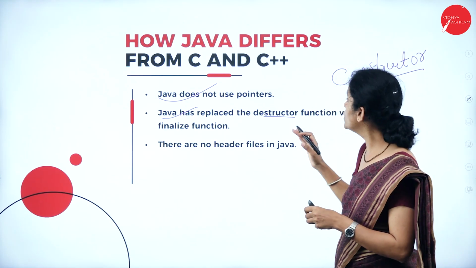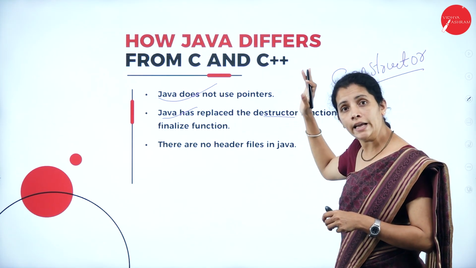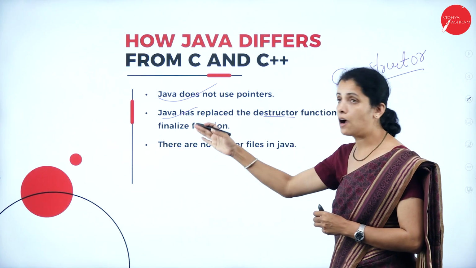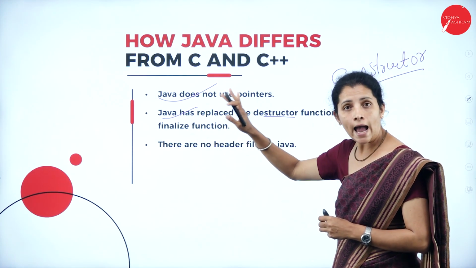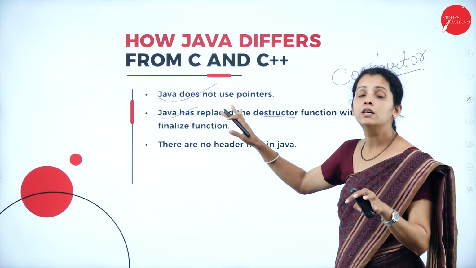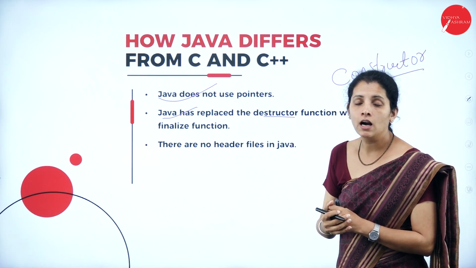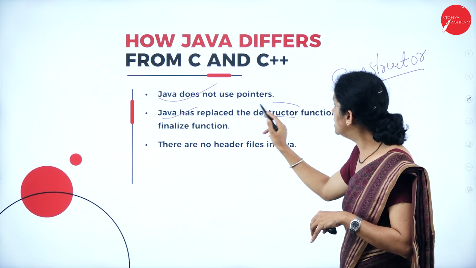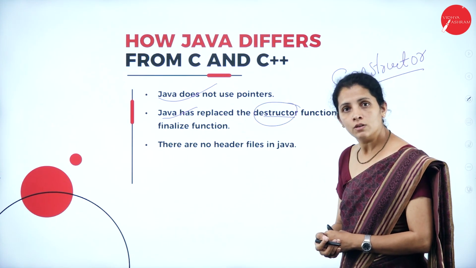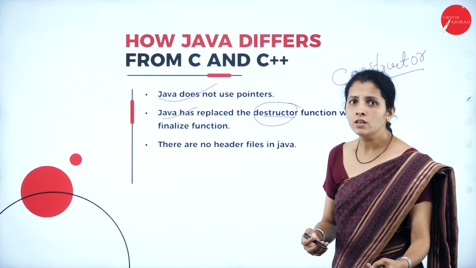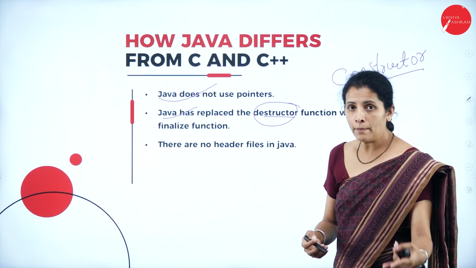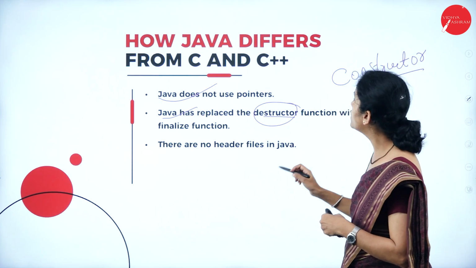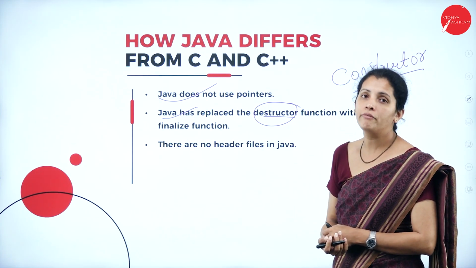For that, I use a destructor in C++. But in Java, I have the constructor, but to release the object and memory, I don't have any destructor. Then what is the solution? To release memory as well as the object, I have the concept called finalize.